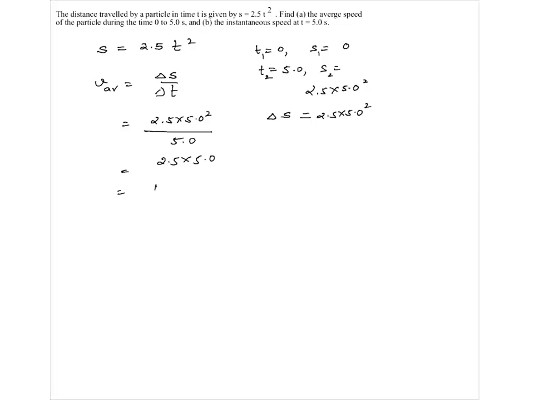That gives 12.5. Any questions? Let me know.